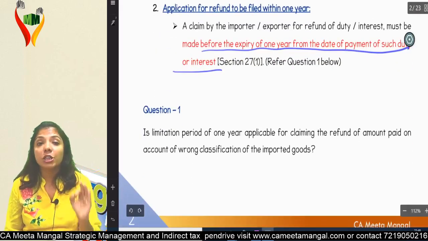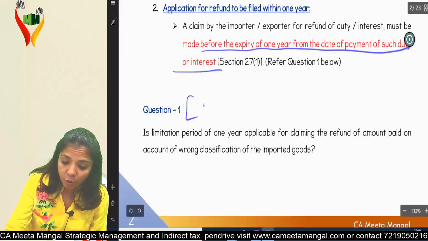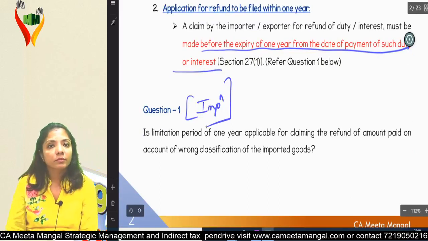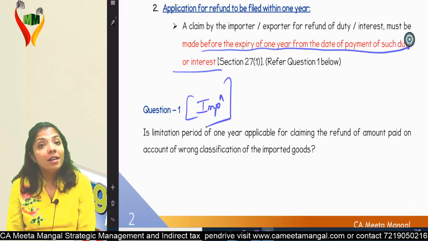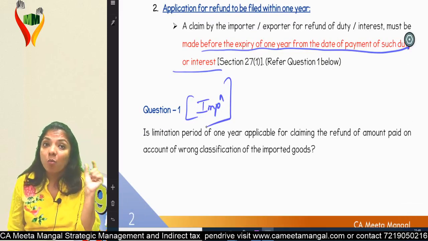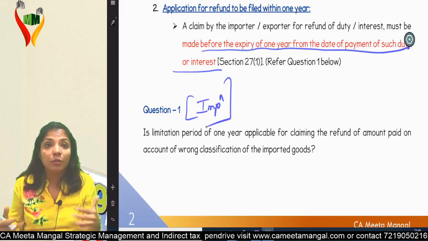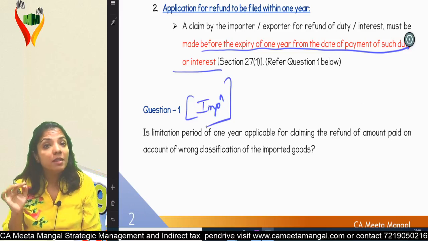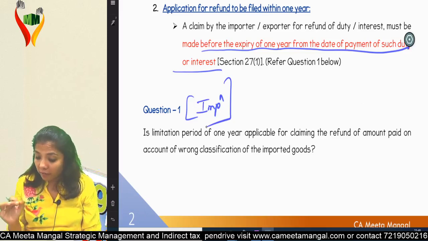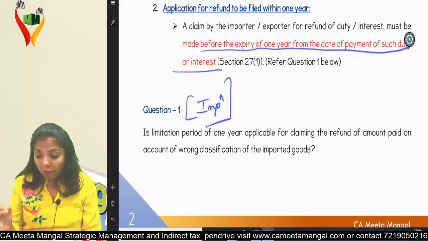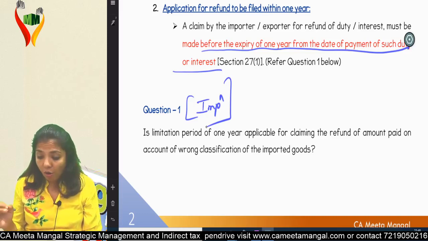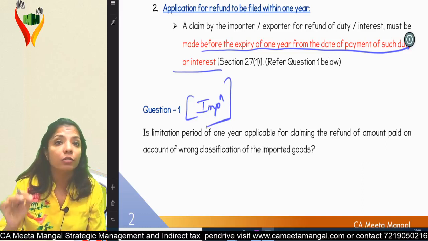Now come to question number 1, a really important question with a case law also. Let's understand. Is the limitation period of 1 year, the time bar after which it will be barred, applicable for claiming the refund of an amount paid on account of wrong classification of imported goods?